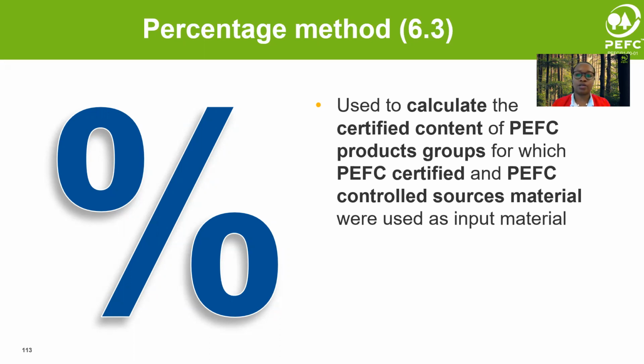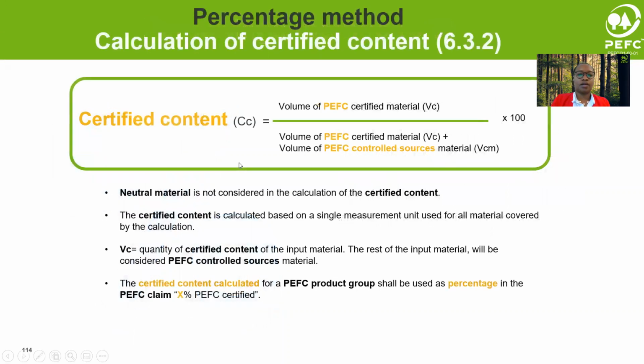This is the method used to calculate the certified content of PFC product groups for which PFC certified and PFC controlled sources material are used as input. So how do you calculate the percentage method?